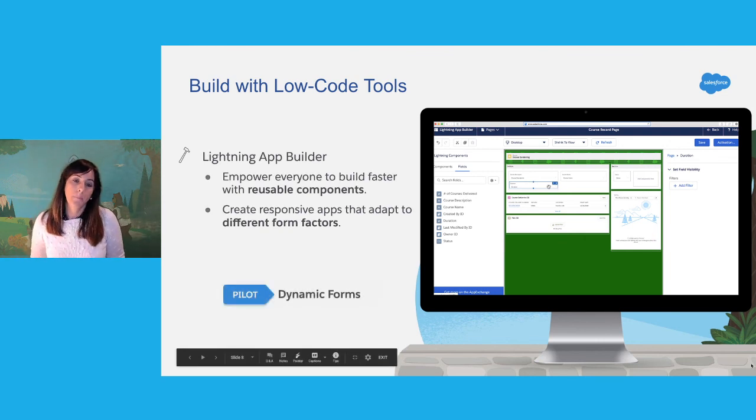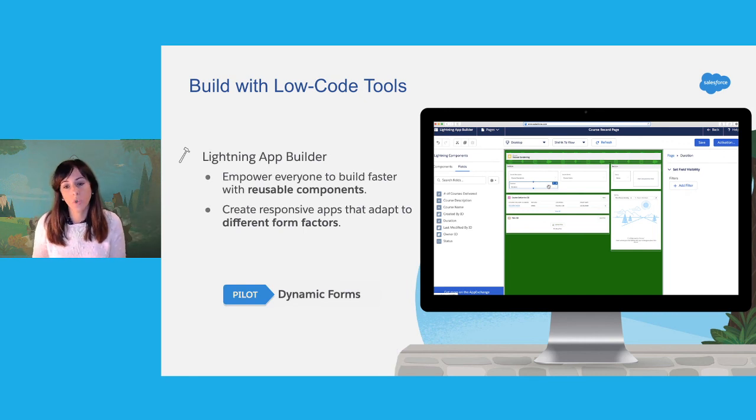So, until now, if you wanted to use fields in a builder, you had to go back to page layouts. The page layout editor has been here for many years. It has been great for a long time, but now we need to have something else. And for that, we already have a pilot in place, which is called Dynamic Forms.